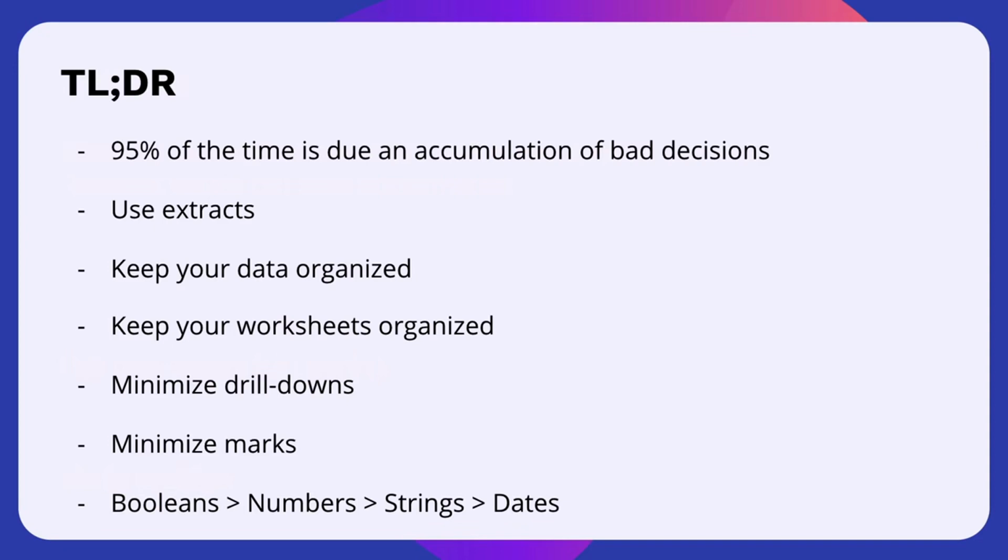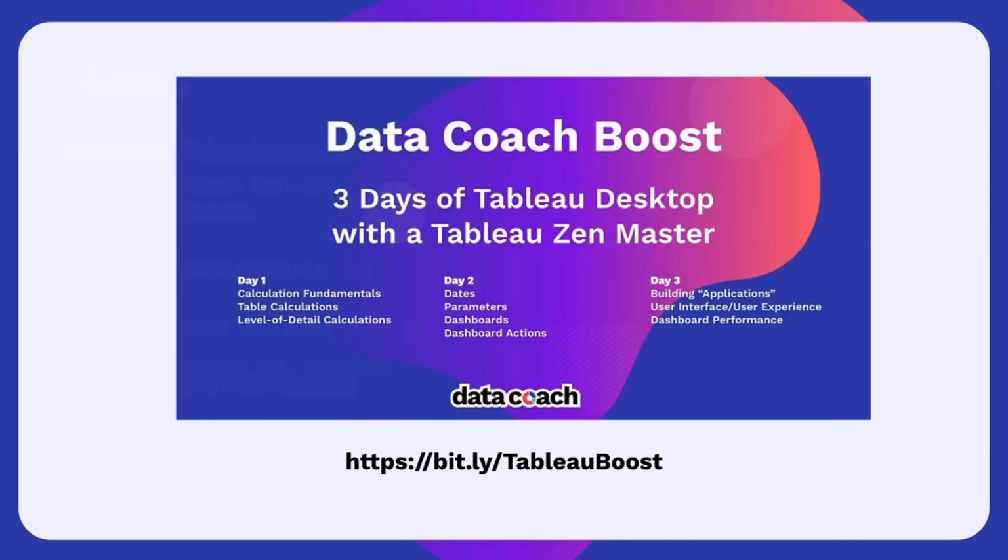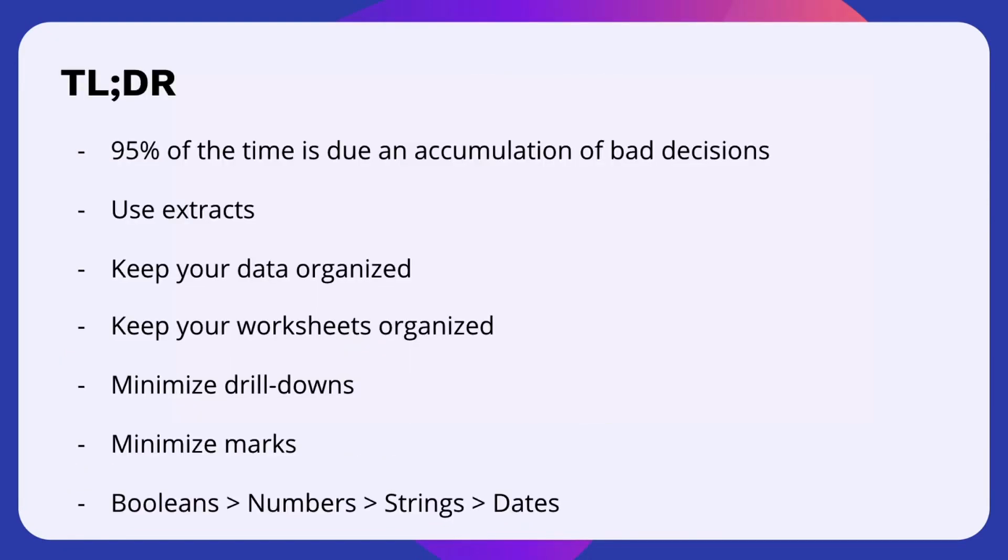And then finally, if I'm going to remind you of one thing, it is that Boolean calculations are faster than number calculations, which are faster than string calculations, which are faster than date calculations. So if you can skip your way around values here to optimize, try to get things in Boolean form. They'll always be faster.